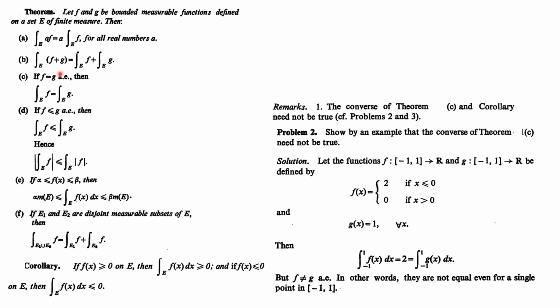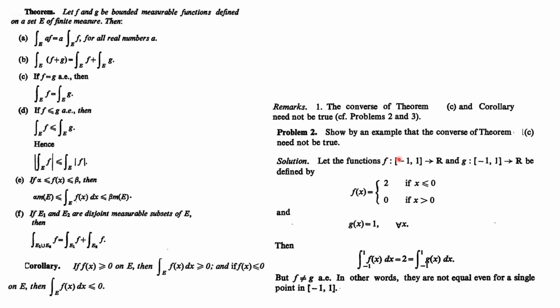The converse of part C need not hold. What is the converse of part C? The converse of part C is: if two integrals are the same, this does not imply that f is equal to g almost everywhere.